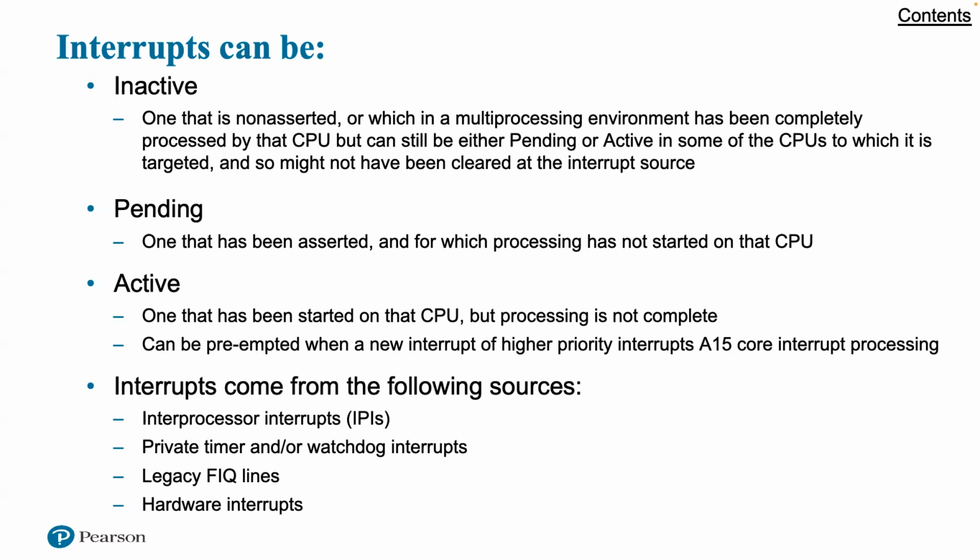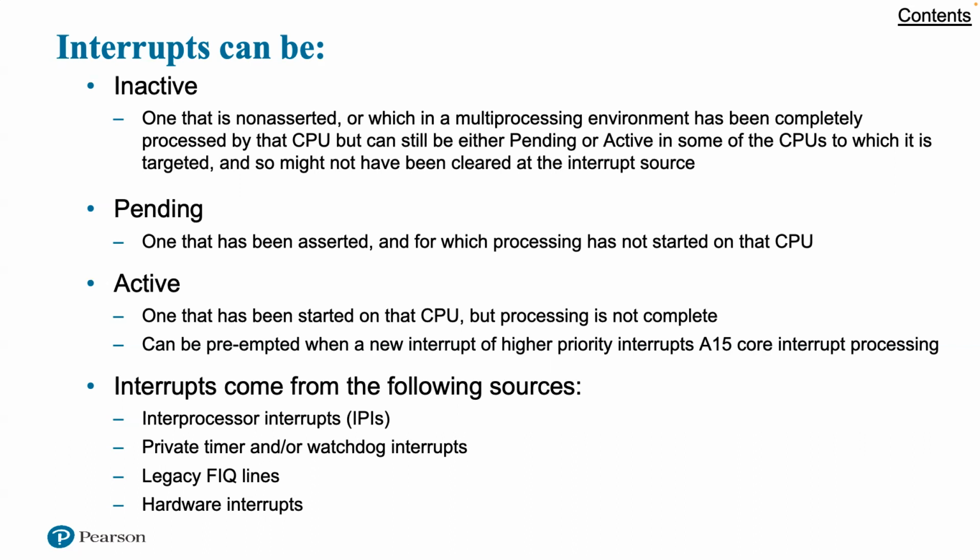Private timing and/or watchdog interrupts. These use interrupt IDs 29 and 30. Legacy FIQ lines. In legacy IRQ mode, the legacy FIQ pin, on a per CPU basis, bypasses the interrupt distributor logic and directly drives interrupt requests into the CPU.